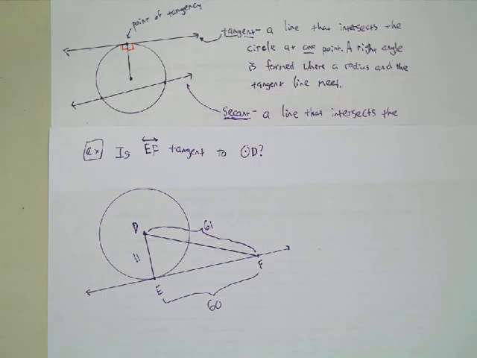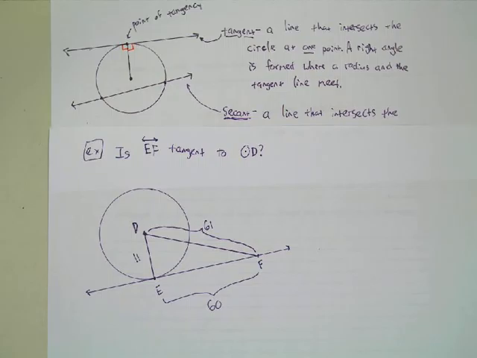If EF is a tangent line, the radius at point E intersecting it, this line and this line should form a right angle, right? So we can use the Pythagorean Theorem to see if this is a right triangle.